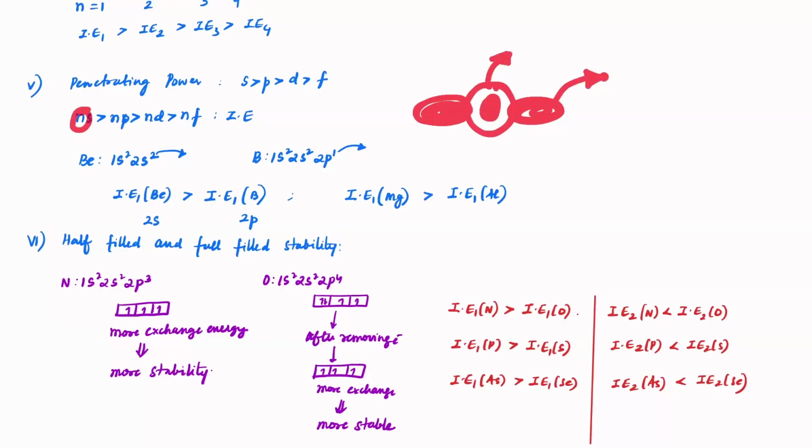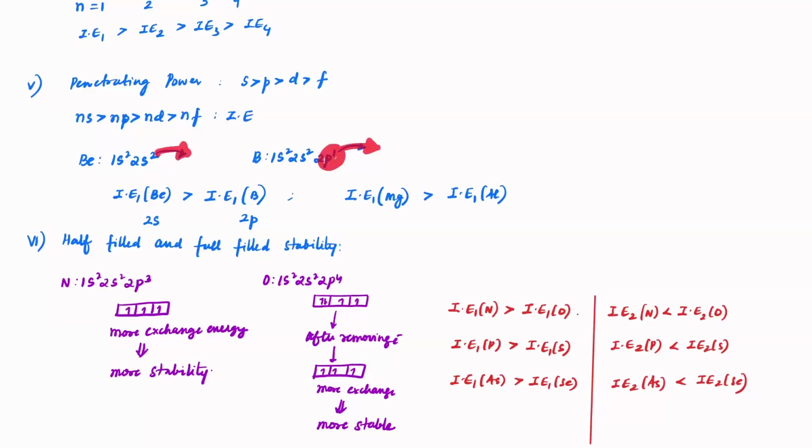Removing the p electron. Correct. Here we require less energy. That's why, when you release an electron from the p orbital in boron versus an s electron from beryllium, beryllium requires more energy. Got it.